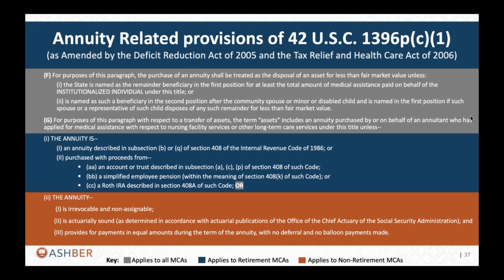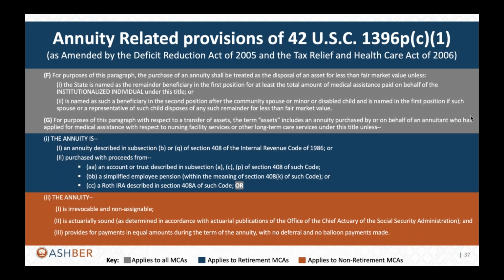The state must be listed as a remainder beneficiary on all immediate annuities purchased after your state implemented the Deficit Reduction Act. The text that you're seeing in blue applies to strictly retirement annuities or annuities that were purchased from IRAs, 401ks, any type of pre-tax retirement account.